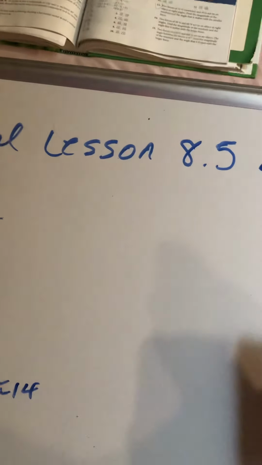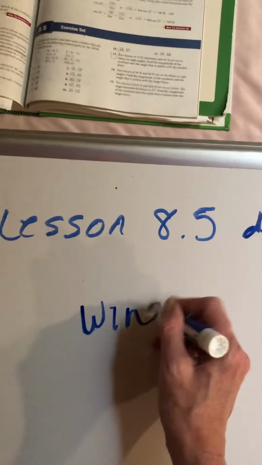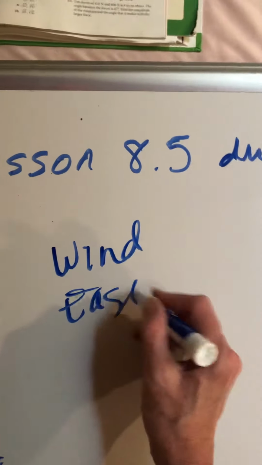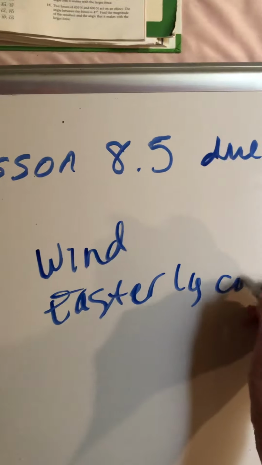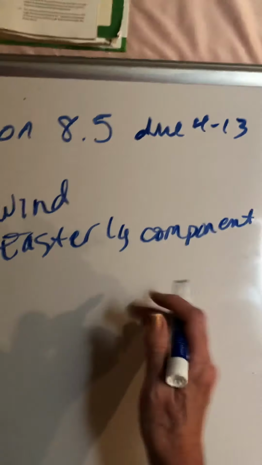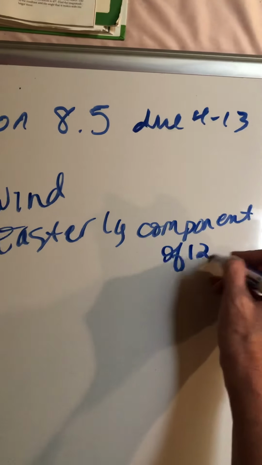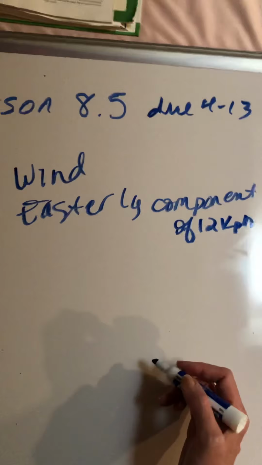Okay, then you're going to have problems that tell you you've got a wind with an easterly component of 12 kilometers per hour.